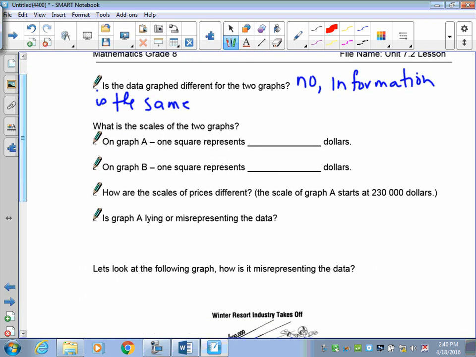On graph A, 1 square equals $20,000, and on graph B, the other square is $50,000. Now, how are the scales different? The scale of graph A starts at 230,000. Graph B starts at 0.